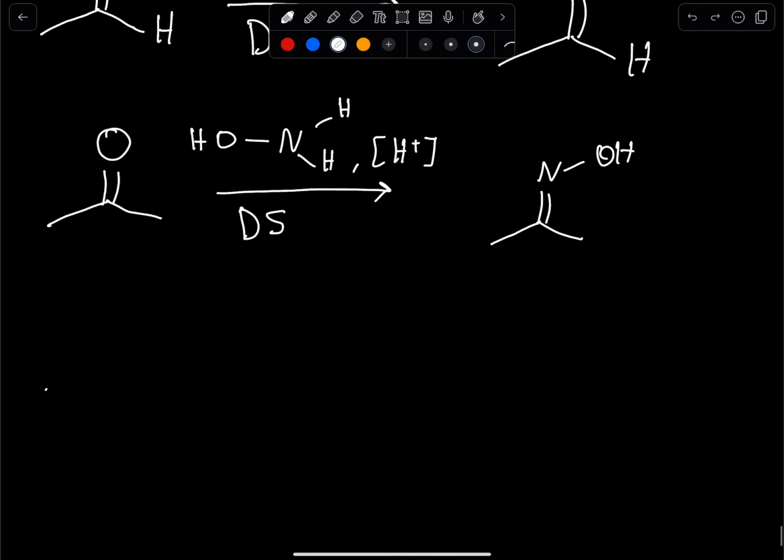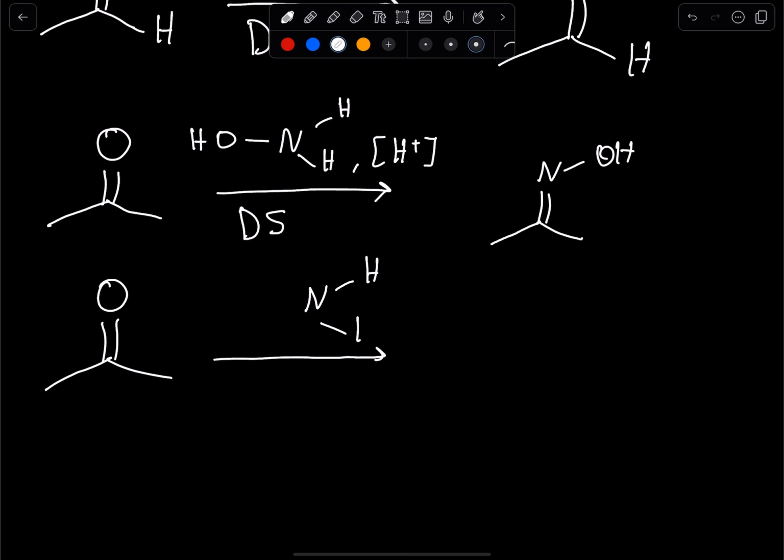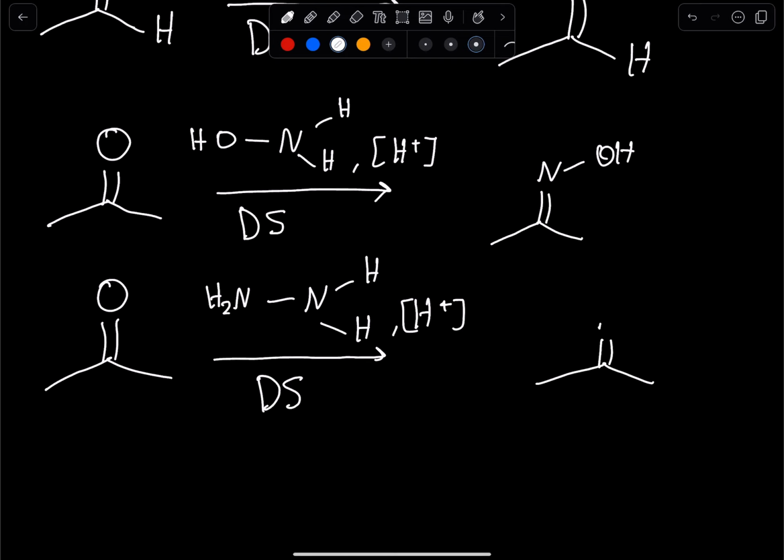Now, the same is also true if you react this with a primary amine, where instead of an OH, you can have another amine, an NH2. In that case, it will also work just the same. You will have the nitrogen, and you can guess that over here we would have the NH2 group.